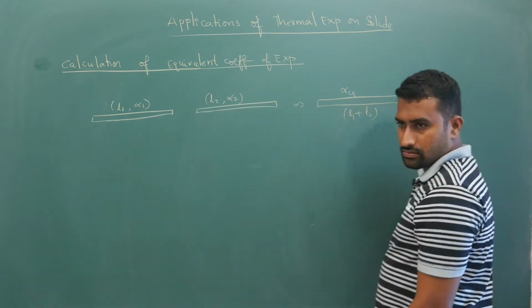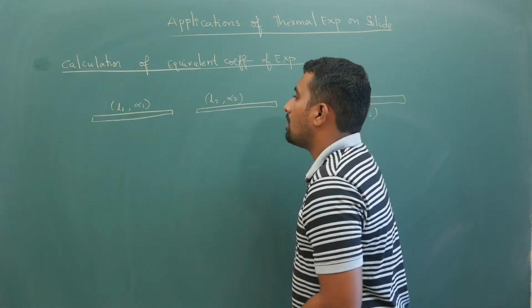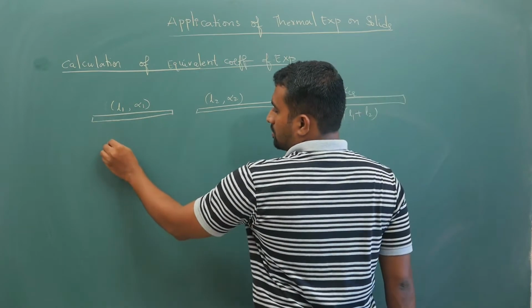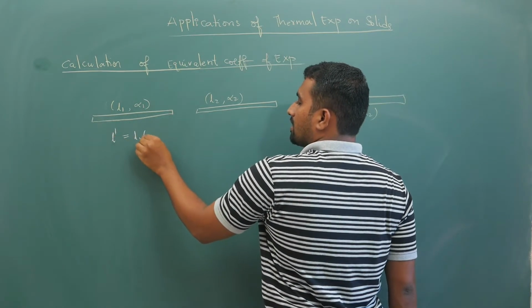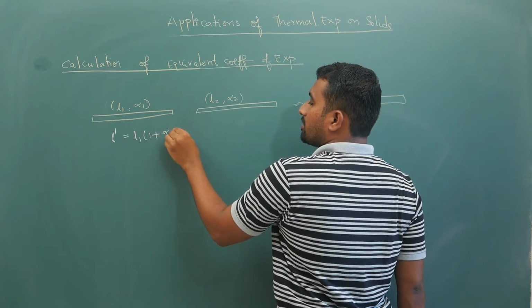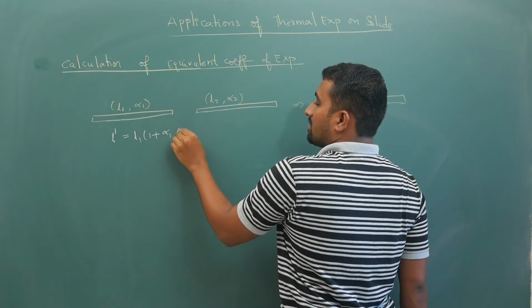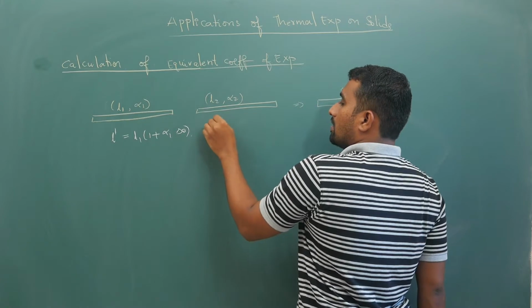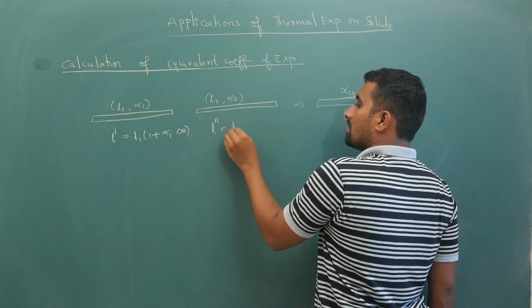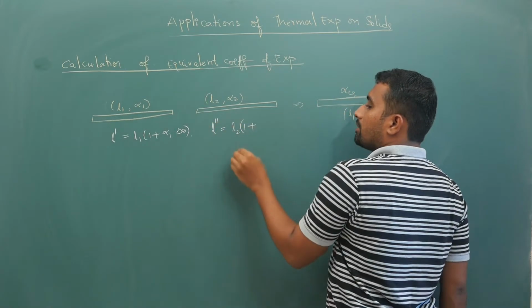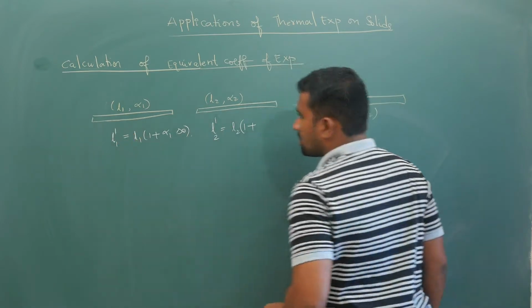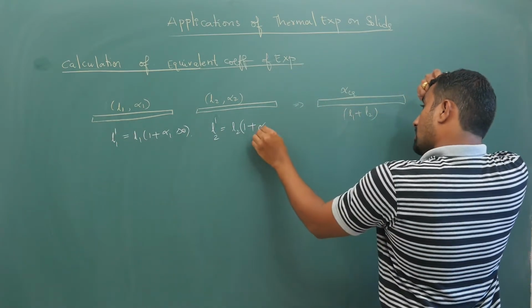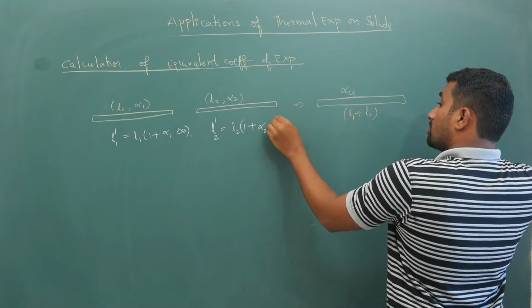L1 dash is L1 times 1 plus alpha 1 into temperature difference delta theta. L2 dash is L2 times 1 plus alpha 2 into delta theta.